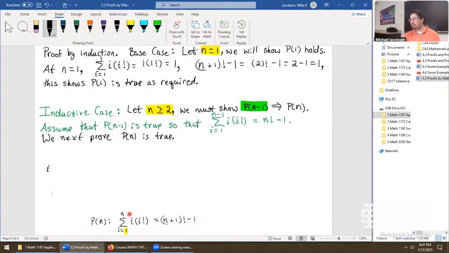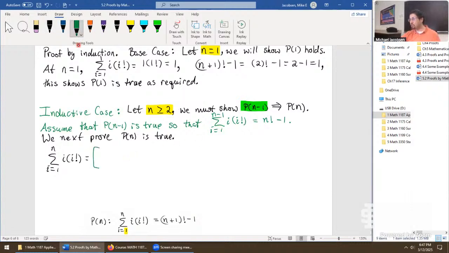We have summation as I goes from 1 to n of I times I factorial. And a standard trick with summation statements in induction is, if we assume this is true, all we need to do in the next step is partition the sum. We'll add up 1 to n minus 1, giving us this, and then add the final term.